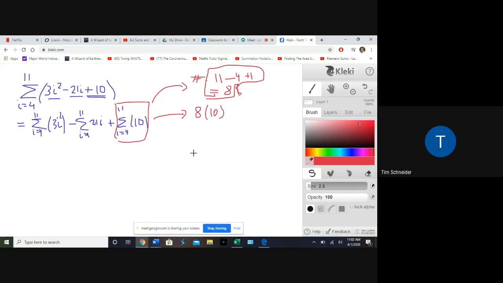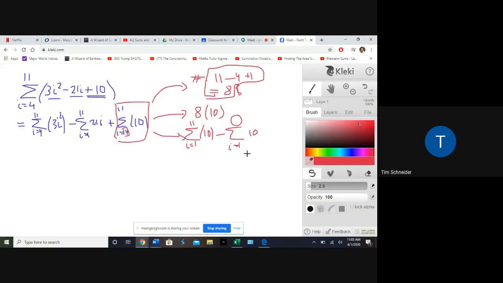Another way that you might be able to get here, if you remember other things about what we did, is this is the same as the sum from 1 to 11 of 10 minus the sum from 1 to what of 10. What would we have to take away in order to just get from 4 to 11?